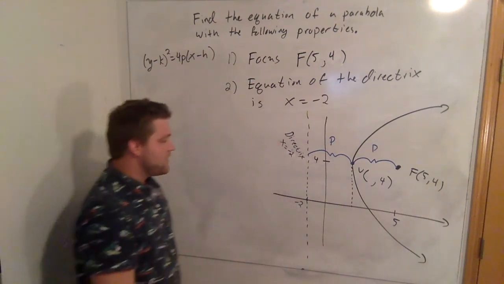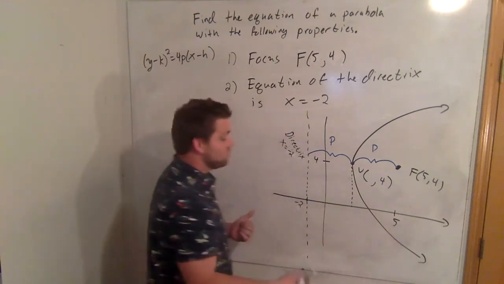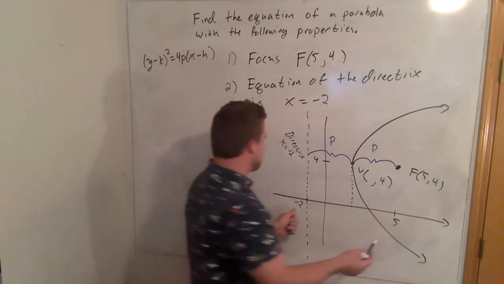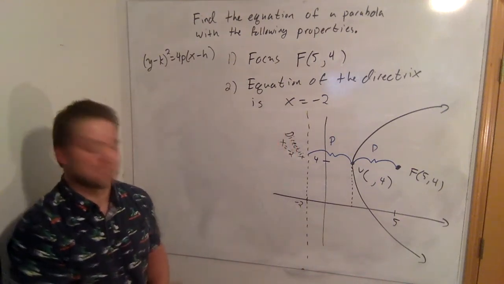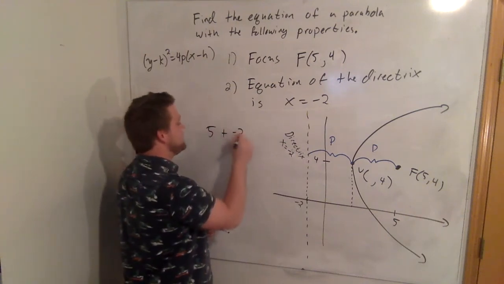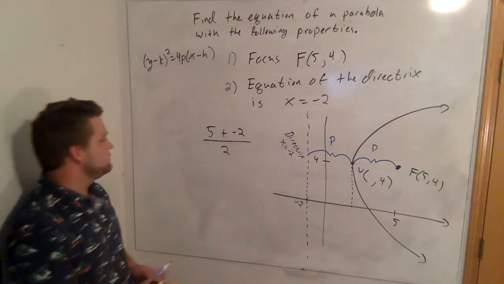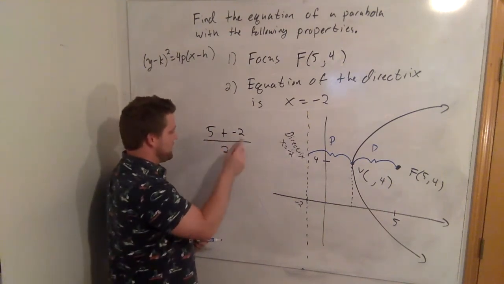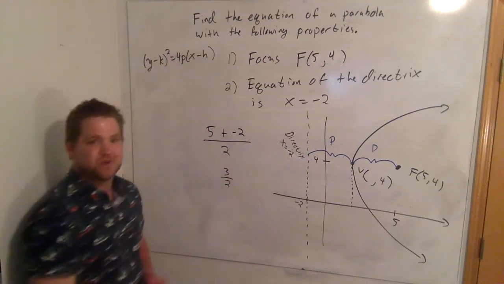I want to know exactly the number that's halfway between -2 and 5. What we can do is just average those two numbers. So let's take 5, add -2, and then cut that in half. So we're finding the average of 5 and -2. So this will be what? 5 take away 2, that'll be 3. 3 divided by 2, or 3/2.